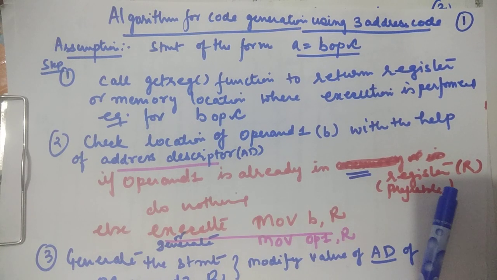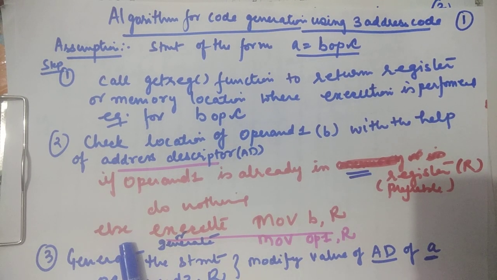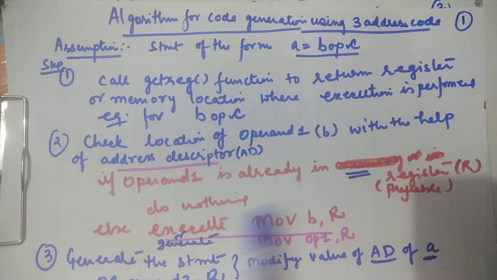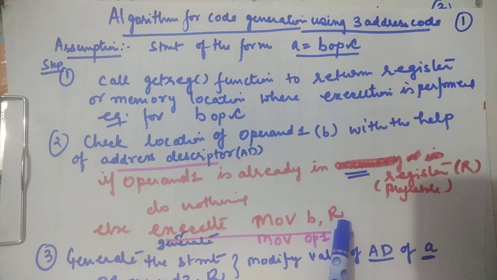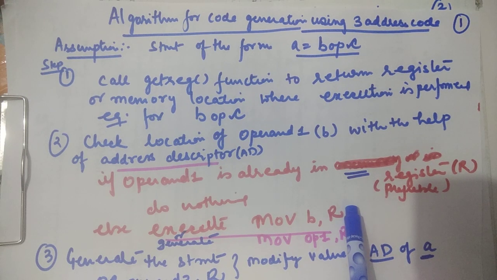But if operand 1 is not present in a register, then obviously the first step is to put that variable from memory to register. Which instruction do we use? If we execute MOV B, R, it means the variable B is transferred from the memory location to our register, where the register is your R.